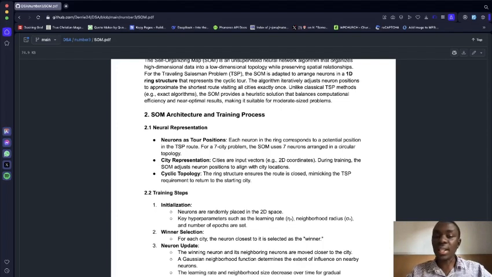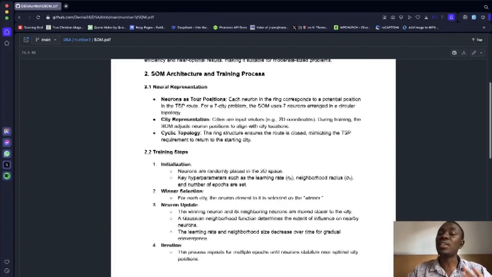So the cities are like input vectors in 2-dimensional coordinates, and then during training the SOM adjusts neuron positions to align with these city locations. The ring structure ensures that the route is closed. This mimics the traveling salesman requirement to return to the starting city. So that's just the representation.